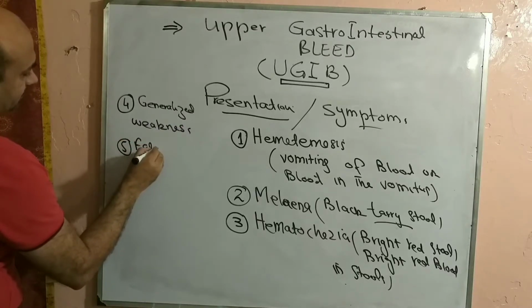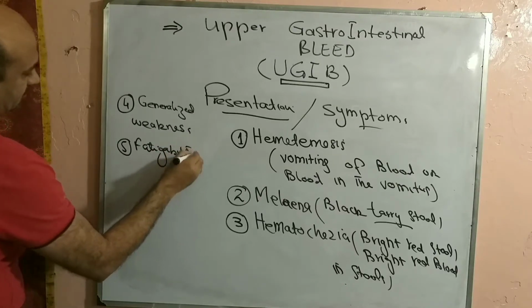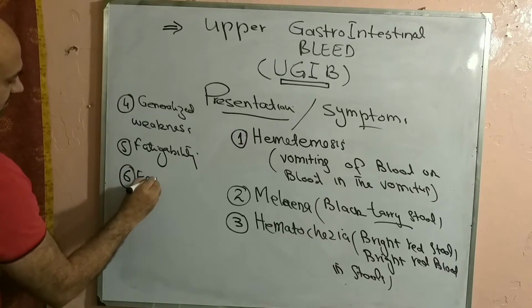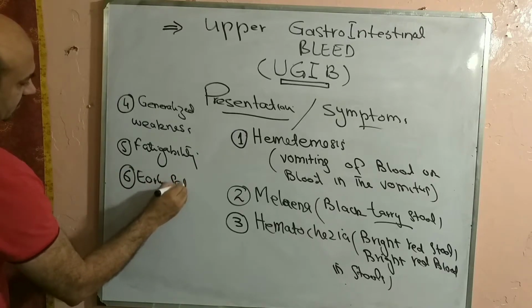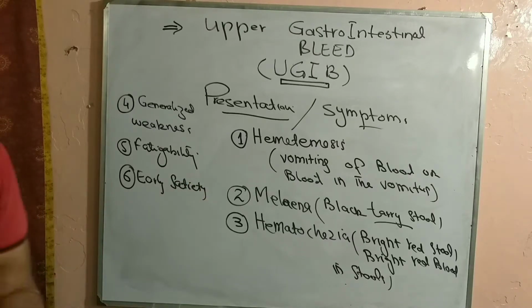fatigability, then there can be early satiety. They cannot eat much, though it's a very subtle complaint, but it does point towards something happening in the upper part of the GIT tract.